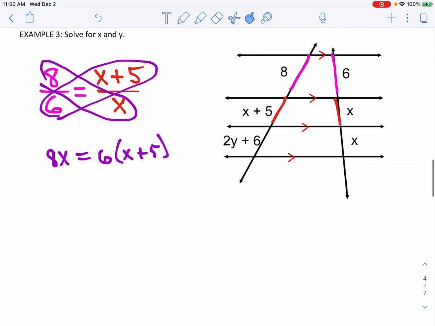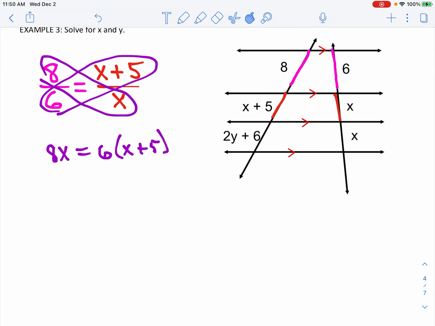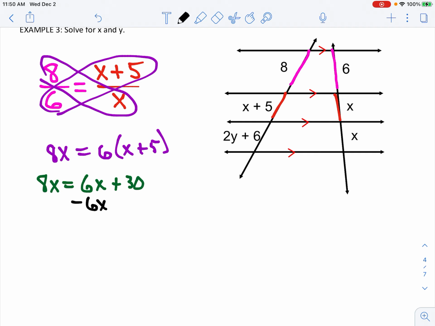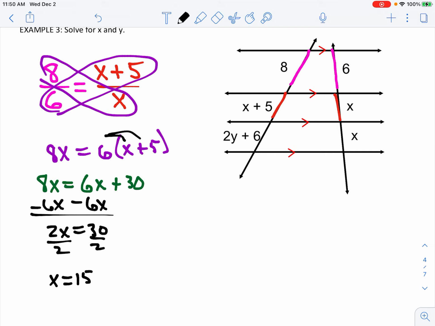Well, if we clean this up and start to solve, I get 8x equals, let's distribute, 6x plus 30. Solve it, subtract 6x. I'm left with 2x equals 30. Divide by 2, and I get x to equal 15 for the first part.